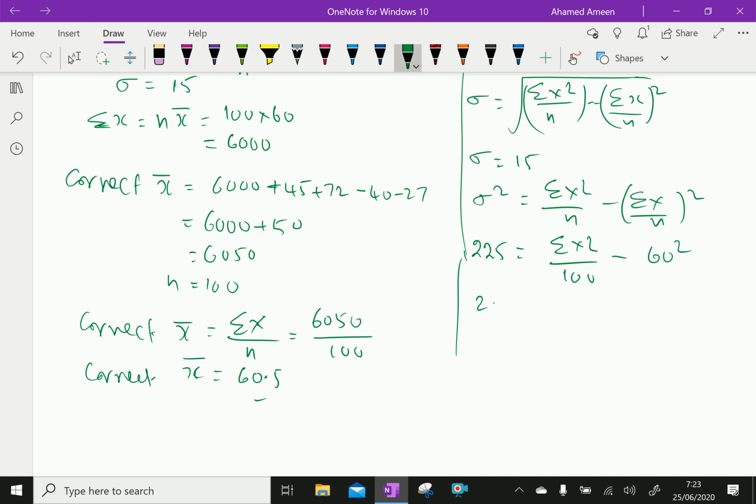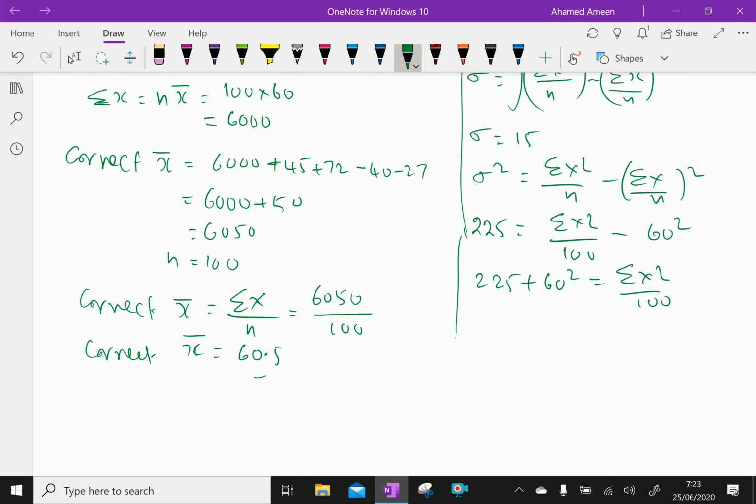So 225 plus 60 square equals sigma x square by 100, which is 225 plus 3600 equals sigma x square over 100.